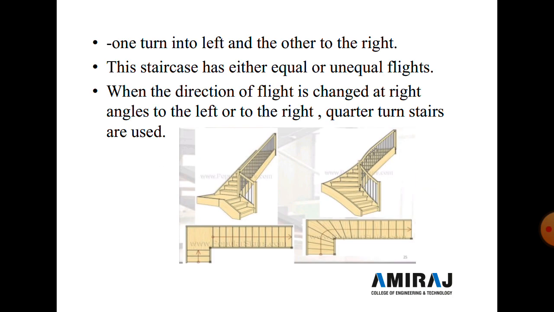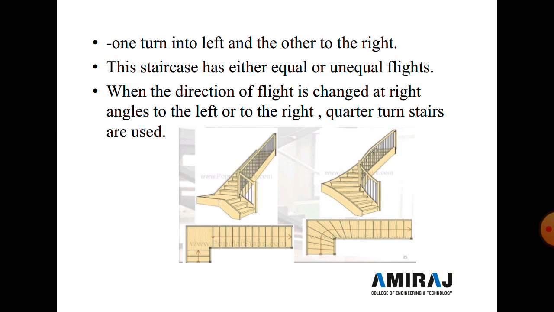In a bifurcated stair, one turns to the left and the other turns to the right side, and this staircase has either equal or unequal flights. When the direction of the flight is changed at a right angle to the left or right, quarter turn stairs are used.